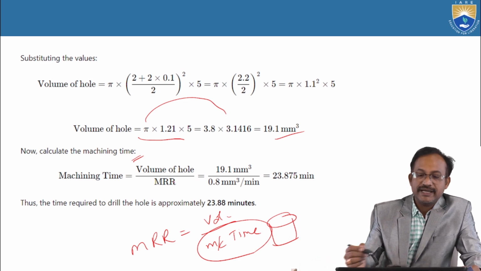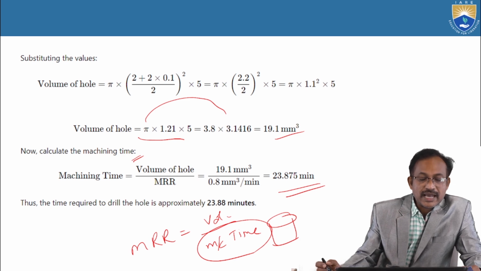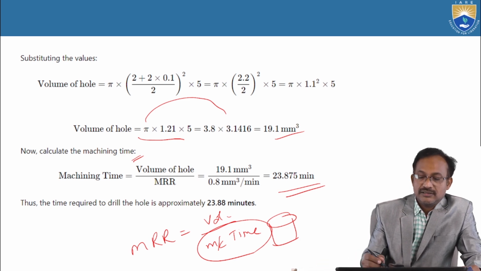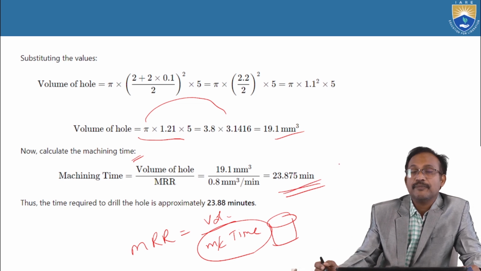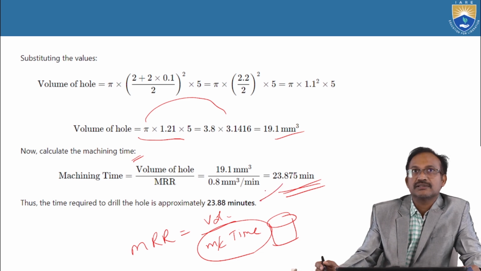So 19.1 mm³ by 0.8 mm³ per minute gives the time in minutes, that is 23.875 minutes. Thus the time required to drill the hole is approximately 23.88 minutes. The answer is 23.875, rounded to 23.88 minutes.